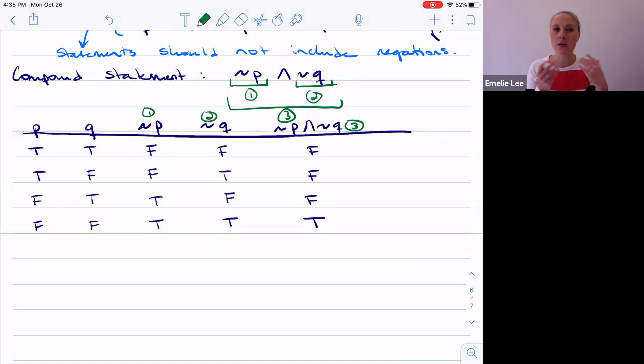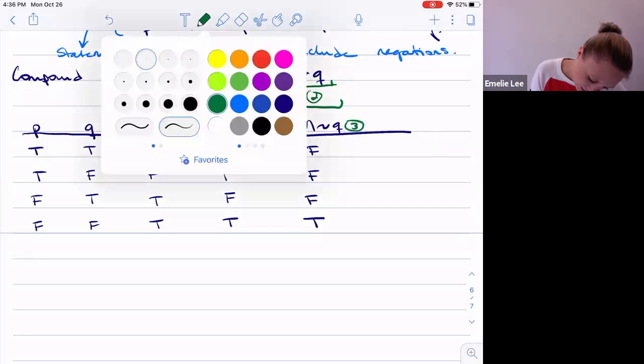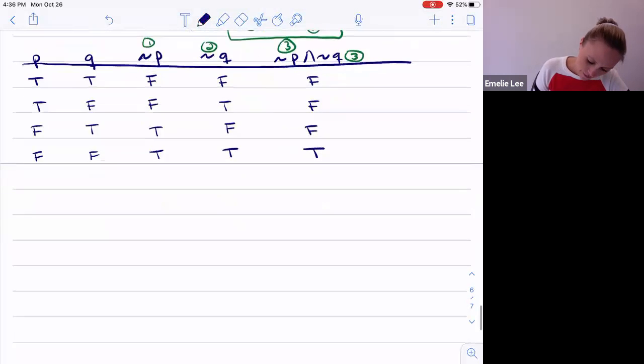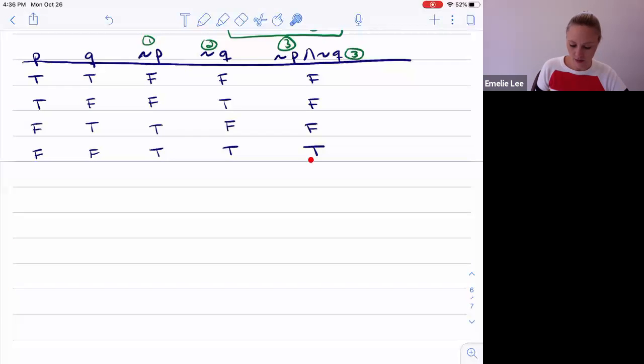All right, so I would break up the statement that you want to make a truth table for into little itty bitty pieces that you can deal with individually, and then put them together to make this bigger statement. And so what we can see here is that the only time this compound statement is true is when P and Q are both false.